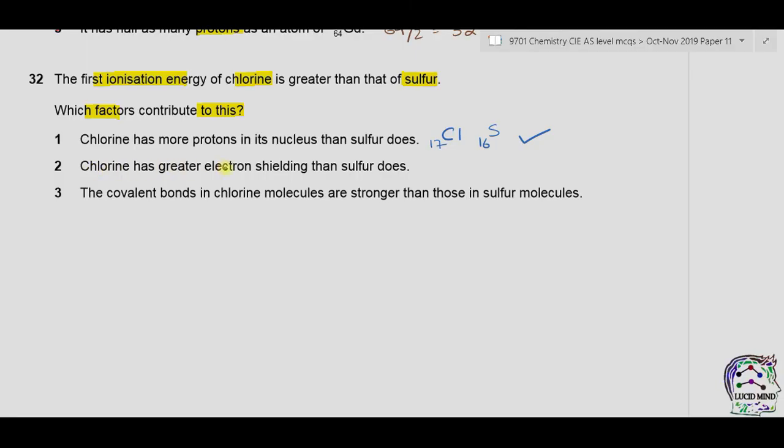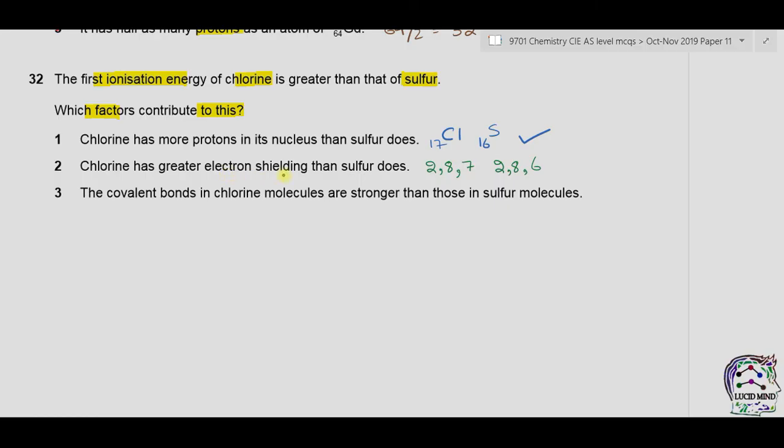2. Chlorine has greater electron shielding than sulfur does. As both chlorine and sulfur are present in the same period, there are 2 inner shells present in an atom of chlorine, and again there are 2 shells present in an atom of sulfur that shield the outer electrons.